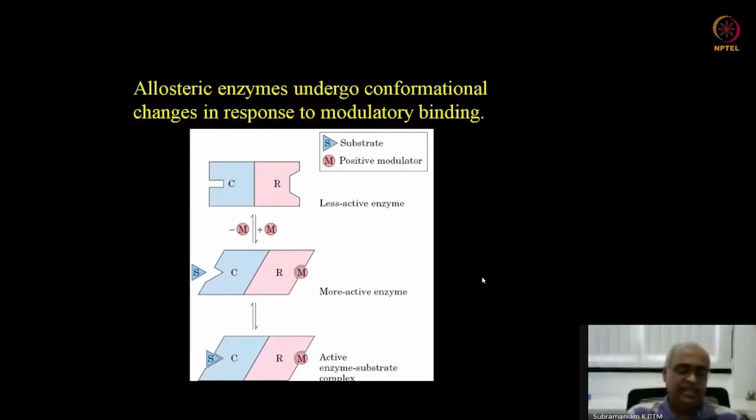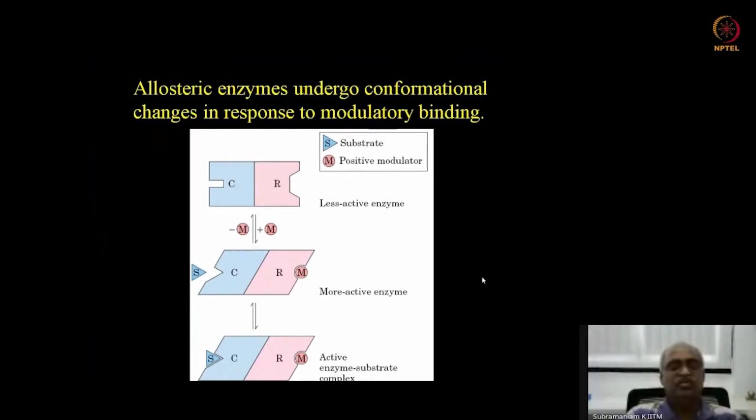In hemoglobin, multiple subunits are there, but for one subunit, the other subunit's active site is like the regulatory molecule's allosteric binding site. But otherwise, it is an active site.